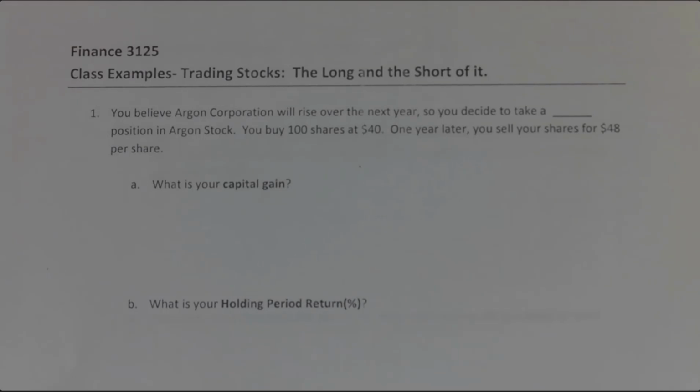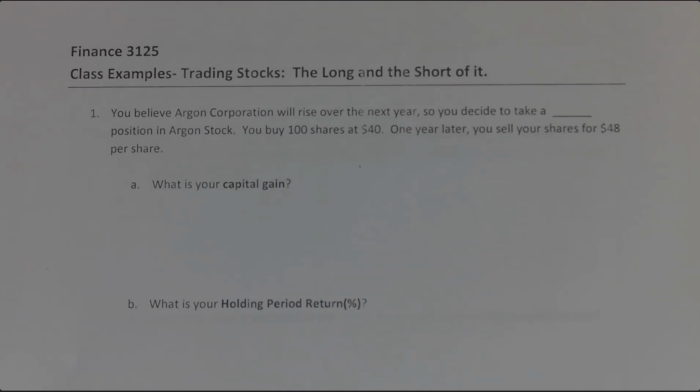Finally, when we talk about returns, we can talk about dollar returns or percent returns. A dollar return is just what you earned in dollars, while a percent return is going to be what you earned as a percentage of what you invested.